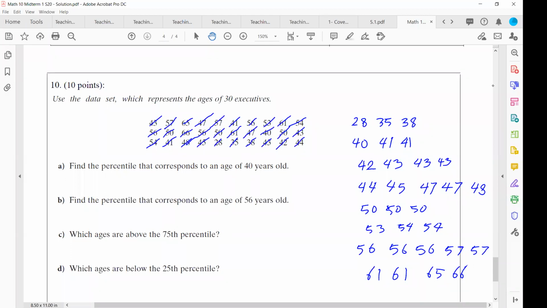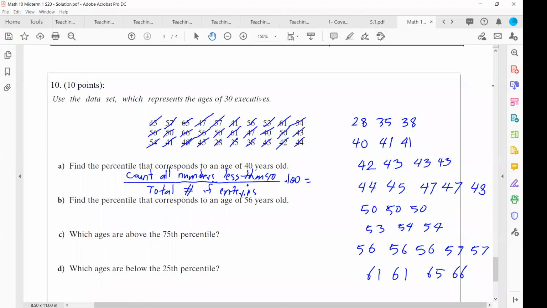To find a percentile that corresponds to an age of 40, we need to count all numbers less than 40, divide by the total number of entries in your collection, then multiply it by 100.